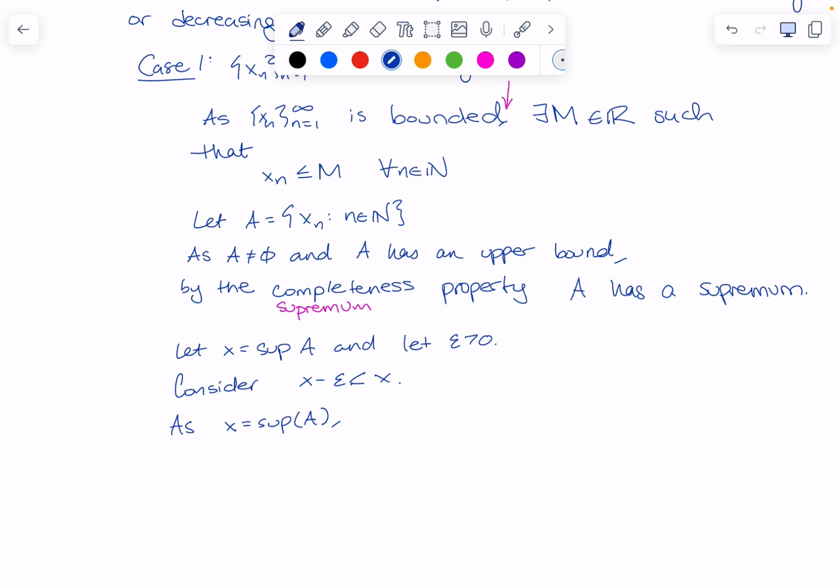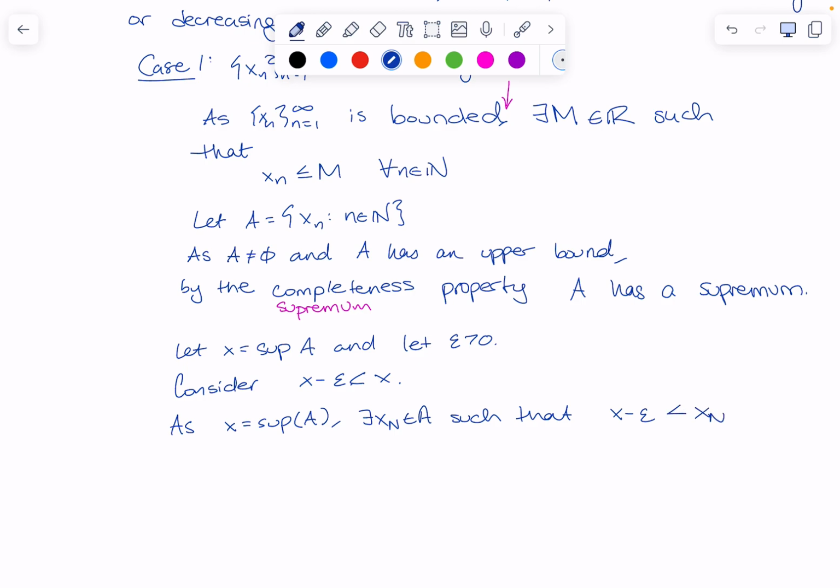Not necessarily; it doesn't have to be in A. So it's not an upper bound. What does that mean? There exists an xN in A such that x minus epsilon is less than xN.